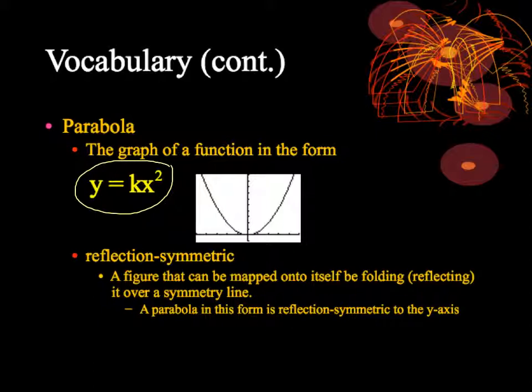And you'll notice that these graphs, if I were to draw a vertical line right through the y-axis, we could think of that as a symmetry line or a reflection line. So we say that they are reflection symmetric to the y-axis. And they always are when they're in the form y equals kx squared.